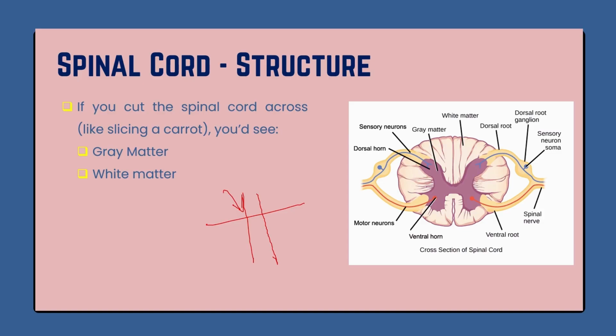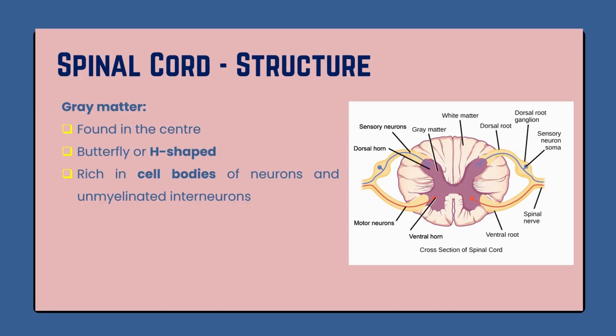Now, this actual part of the spinal cord is composed of two different matters: gray matter and white matter. What you see here in the center, the darker part, is the gray matter. And what you see outside, the whole lighter part, is the white matter.